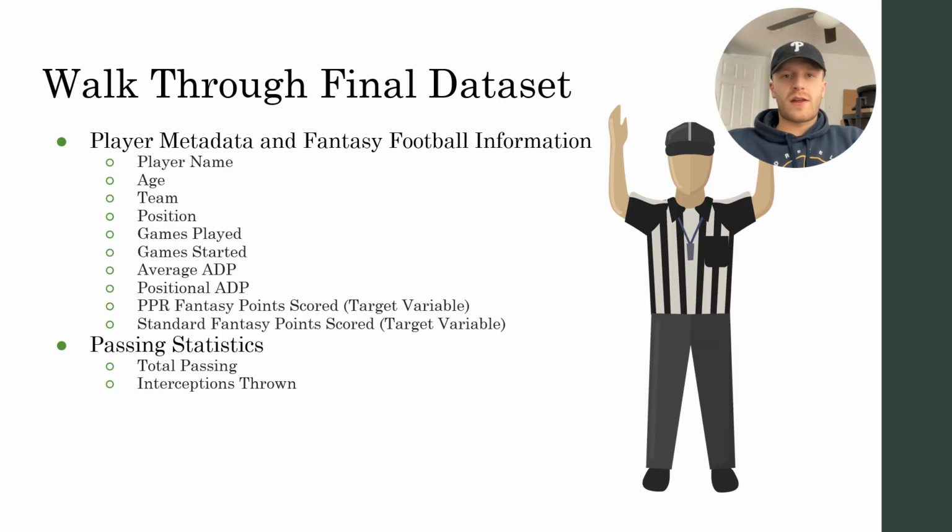So let's take a final walk through our dataset after feature engineering and dropping variables. I want to call out that we no longer have individual average draft position sources, as these are captured by average ADP. We also see that our total passing variable has replaced passing yards and passing touchdowns.